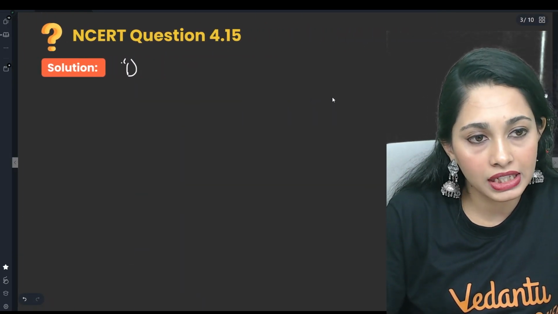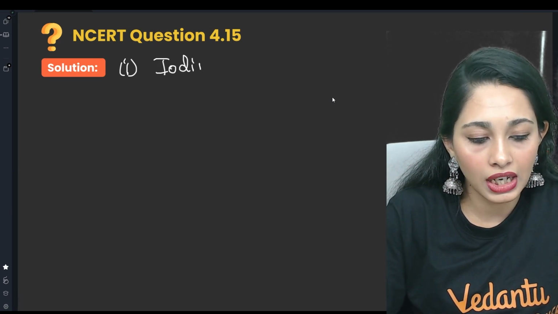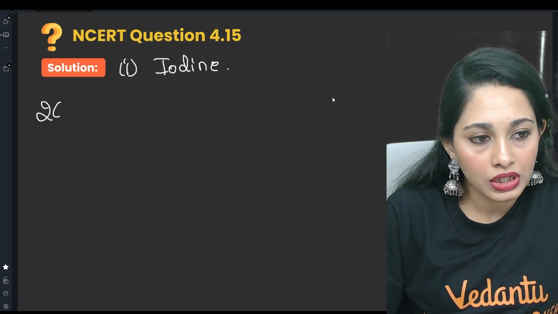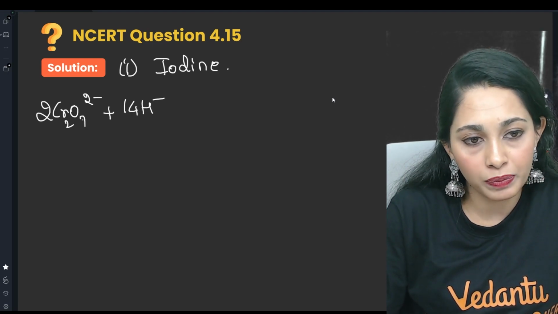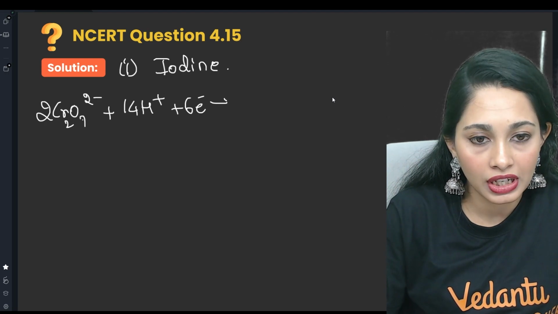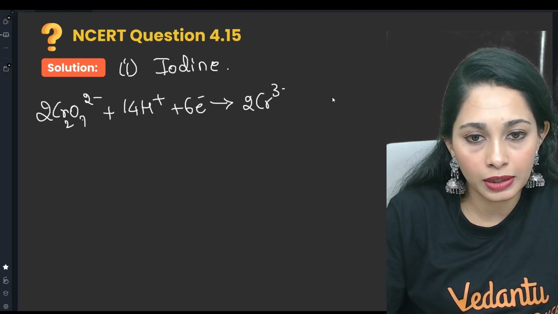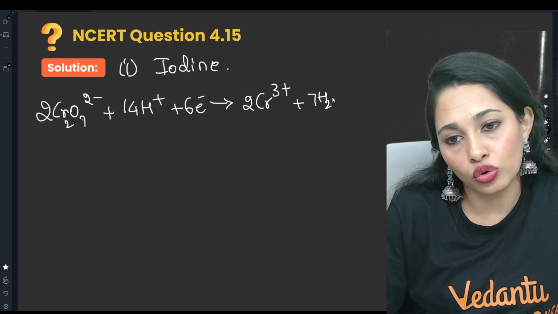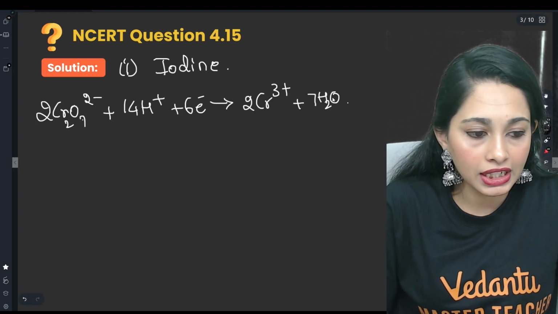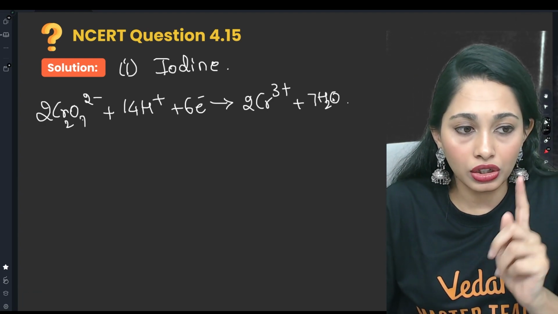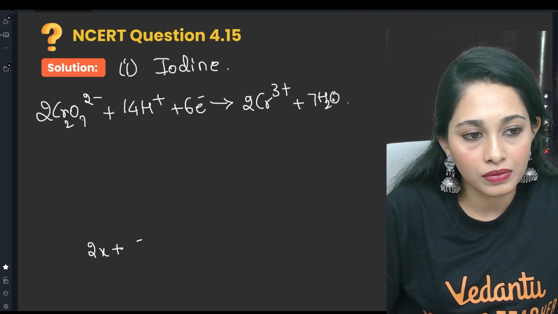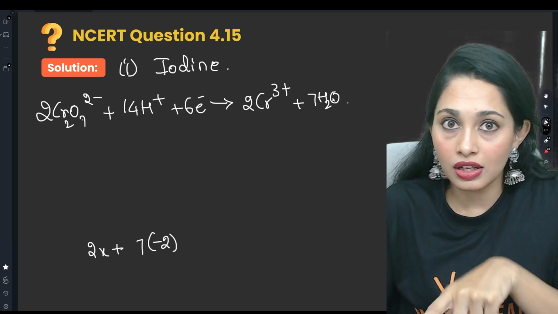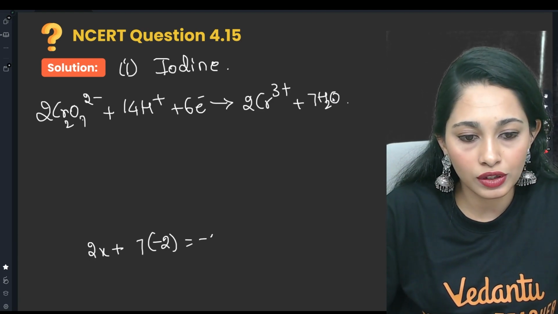First one, we have iodine. Cr2O7 2 minus plus 14H plus 6 electrons gives 2Cr3 plus and 7H2O. You can see the change in oxidation state here. Let me show you. So Cr2O7: 2x plus 7 times minus 2, that's the valency of oxygen equal to minus 2.